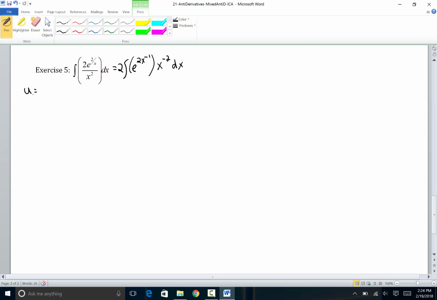So my u, now we've got an exponential and a denominator. You know, if you pick a u and it doesn't work, then pick a different one. So I'm going to pick the exponent of the exponential and take its derivative.